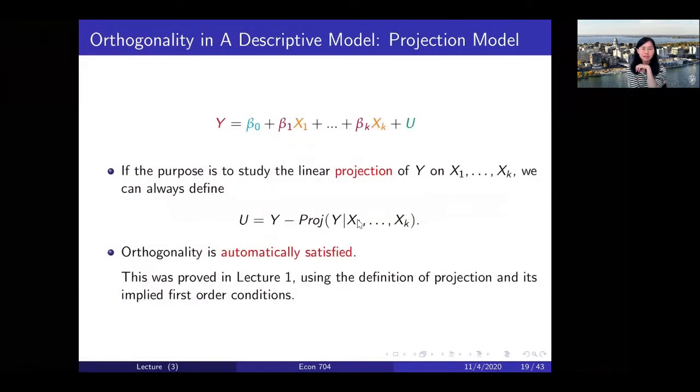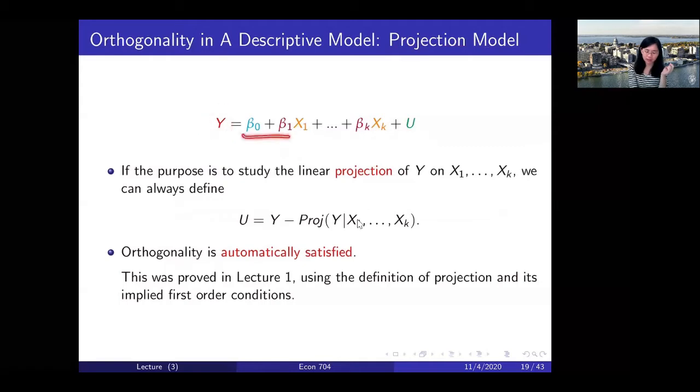Now, if your research purpose is descriptive, if you have a descriptive model, and let's say you do not assume that your conditional mean of y given x is linear, then this linear regression equation can describe a projection model. It describes the projection of y on x.